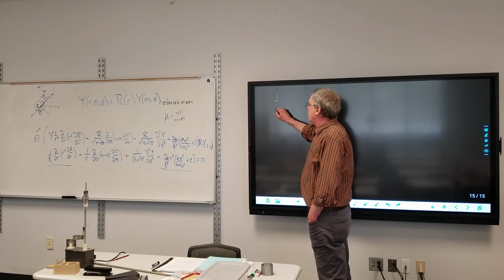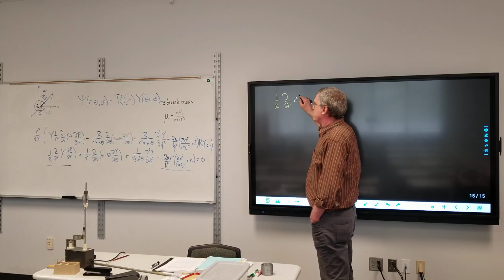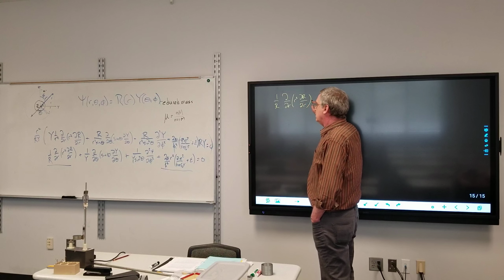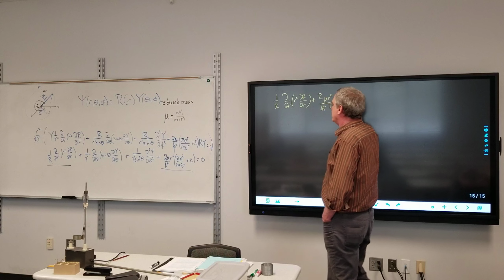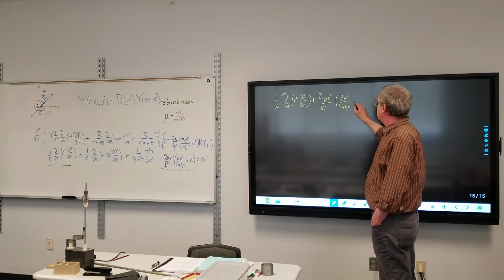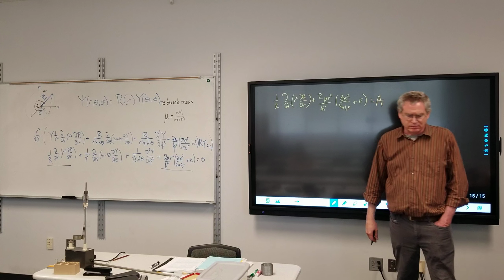So I have 1 over R, del r, r squared, del R, del little r, plus 2 mu r squared over h bar squared, Z e squared over 4 pi epsilon sub naught r plus E is equal to A. It's equal to something.